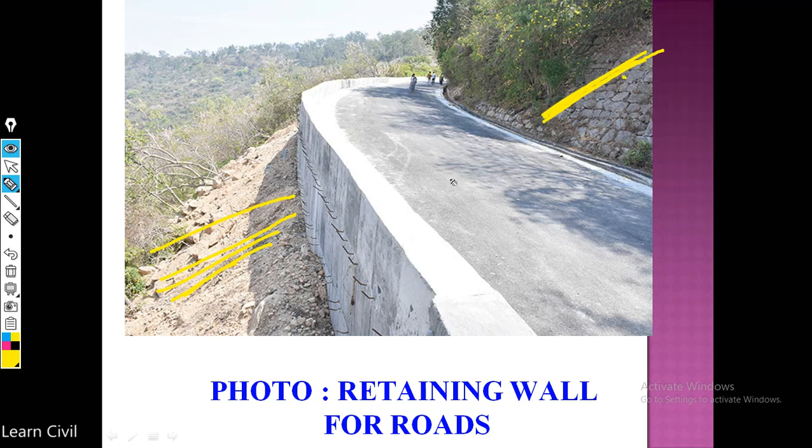For the embankment of this road, you can see one wall is being constructed here for retaining this particular embankment, or soil mass, or whatever the materials required for road construction. All that material is retained by this particular retaining wall. So here the purpose is to retain the embankment of your road.